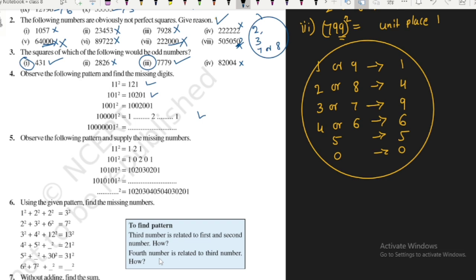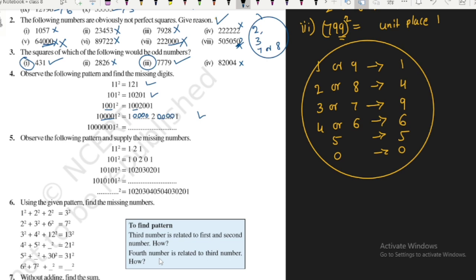It is 1000001 square. Here two zeros are there, and we wrote two zeros. Here how many zeros are there? Four zeros are there, so we have to write four zeros here, and here also four zeros.